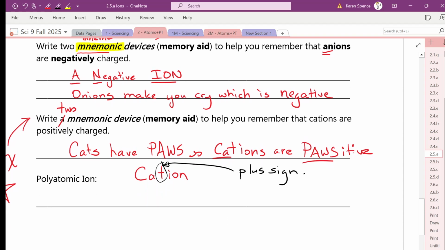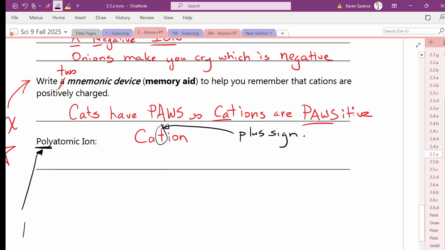Now, here's a new one, which we'll actually be dealing with a lot in Unit 4. Not yet. Do you guys know what the prefix poly means? Yeah, there's polygons. How many sides do polygons have? Can you have a one-sided figure? One side?